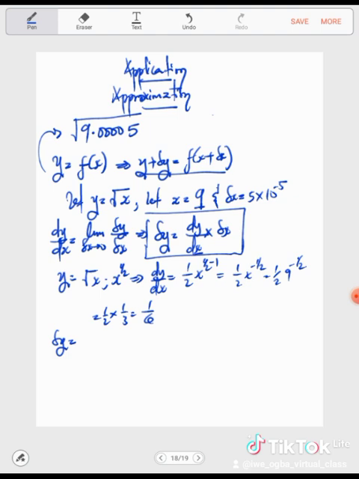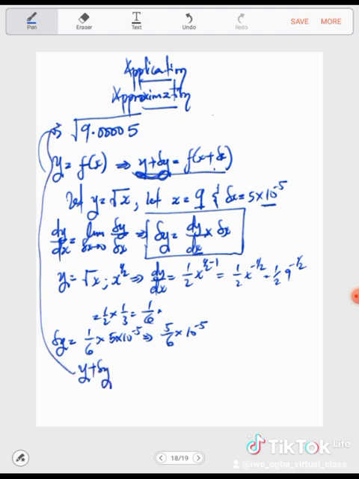Now with that said, my change of y is dy/dx times Δx. What's dy/dx? That's 1 over 6. So we have 1 over 6 times Δx. What's Δx? We have 5 times 10 raised to the power of negative 5. So that's 5 over 6 times 10 raised to the power of negative 5. So as such, y with its change gives us an approximation of 3 plus 5 over 6 times 10 to the minus 5.